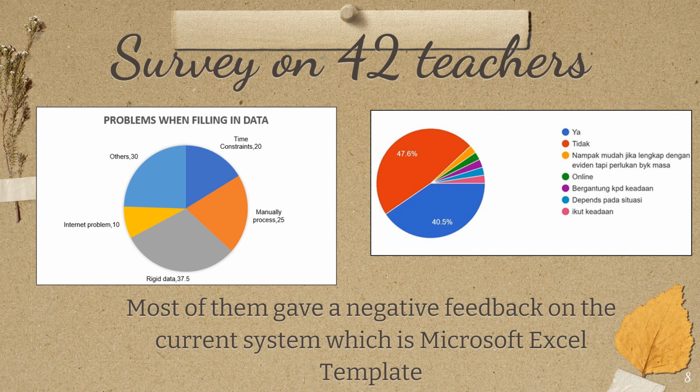So many say filling in data manually in the book is unsystematic and quite difficult for them, while some also stated the problems of time and they face according to the situation. Sometimes it's quite easy and sometimes it's quite difficult. So most of them gave negative feedback on the current system, which is the Microsoft Excel.